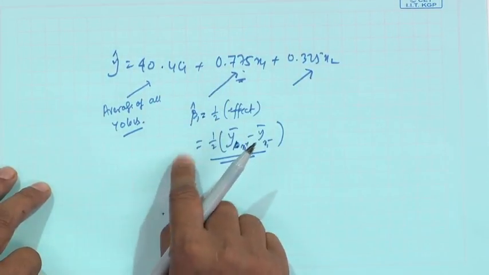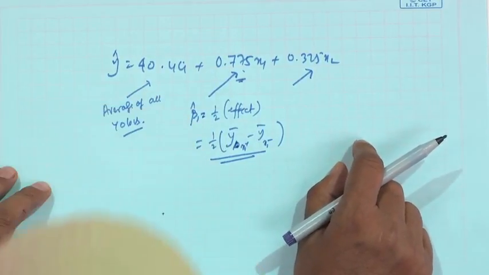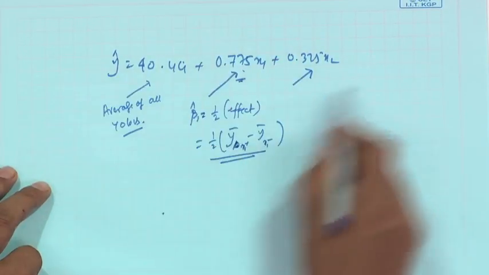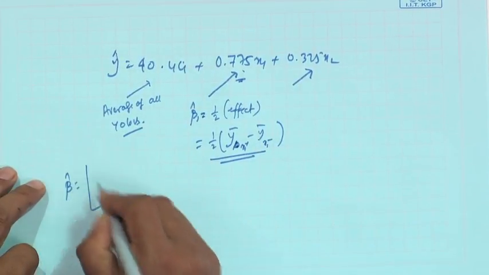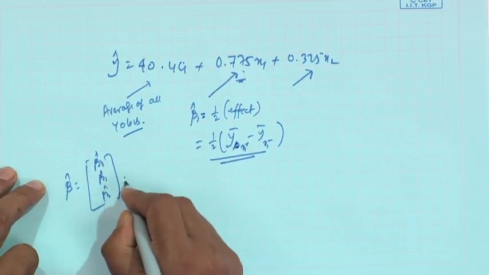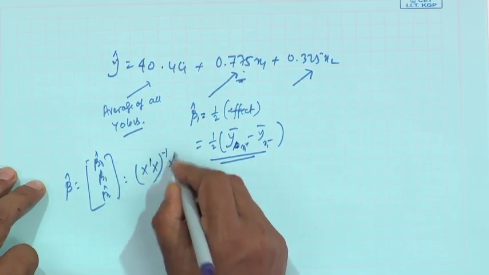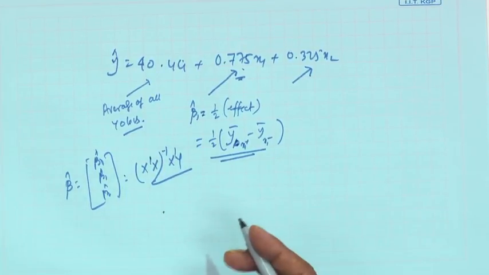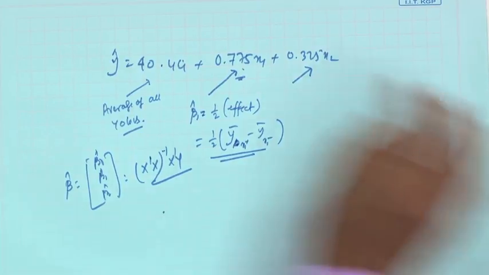The regression coefficients will be half of the effect values, that is what you know. Another way is to compute beta 0 cap, beta 1 cap, beta 2 cap straight away by regression: x transpose x inverse x transpose y, where the data are given in the previous slide.